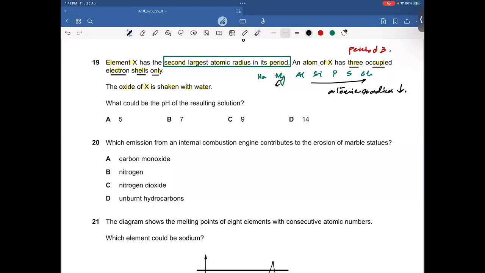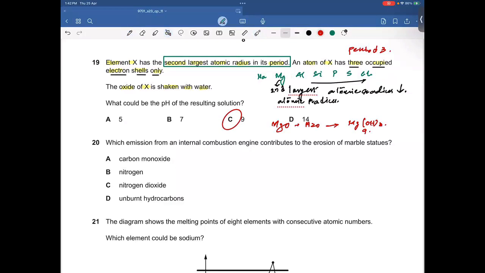Magnesium has the second largest atomic radius in period 3. So if magnesium oxide is placed in water, it will give you magnesium hydroxide with a pH value of 9. I've told you that it's a weak alkaline solution with a pH value of 9.